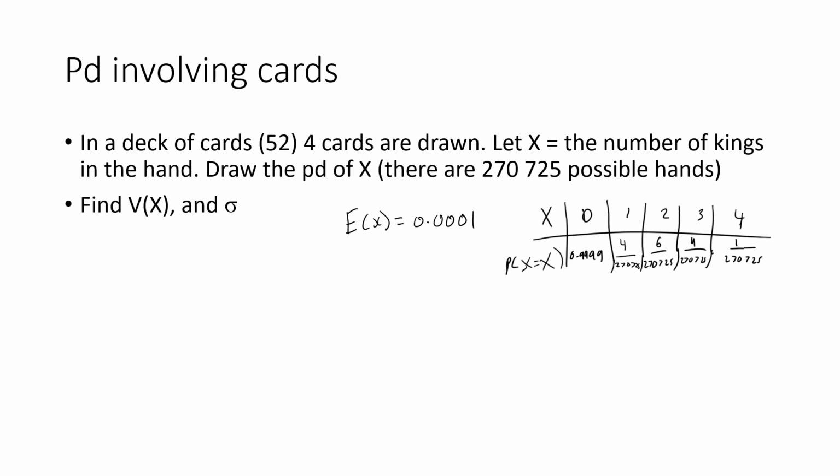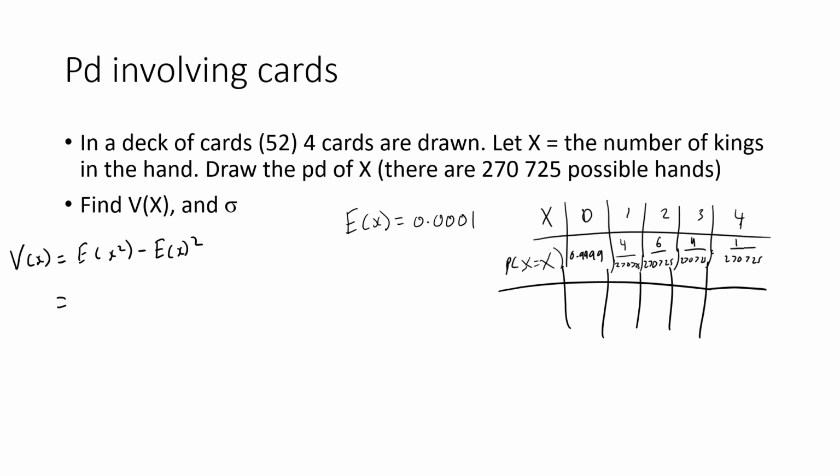Okay, so the first thing we do is write the formula, which is V of x is equal to E of x squared minus E of x all squared. For E of x squared, we need values of x squared, which I will write here. So 0, 1 squared is 1, 4, 9, 16.